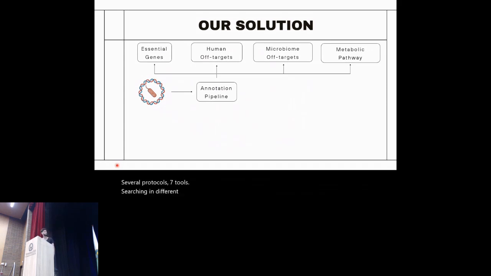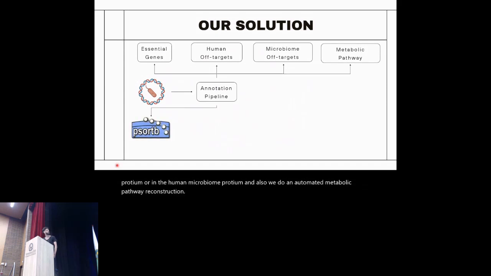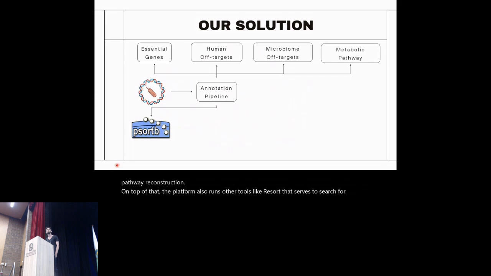We search almost 20 databases to populate our own, essentially searching if the gene is essential, and if the gene has any off-target in the human proteome or in the human microbiome proteome. We also do an automated metabolic pathway reconstruction. On top of that, the platform also runs other tools like PSORT, which serves to search for the cellular localization of the protein.